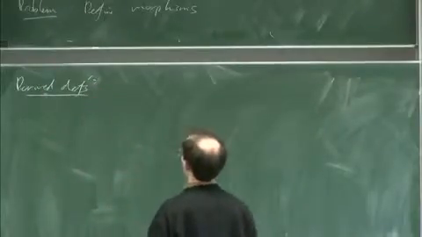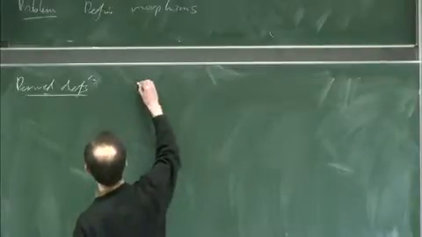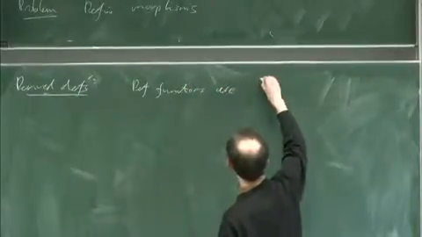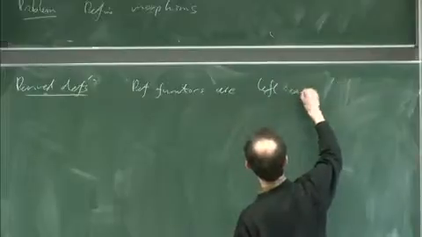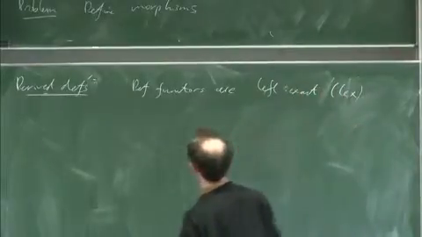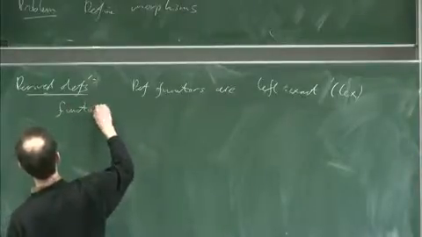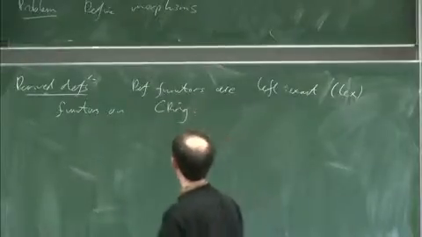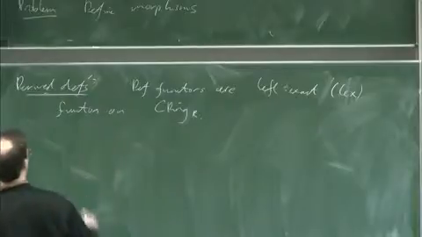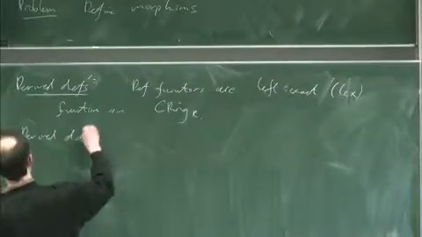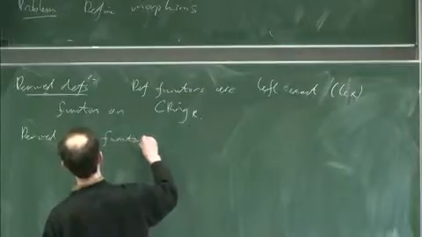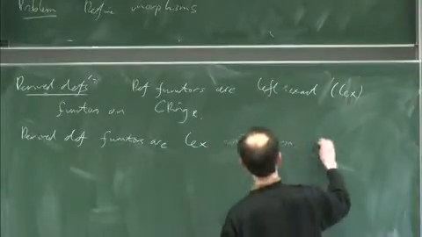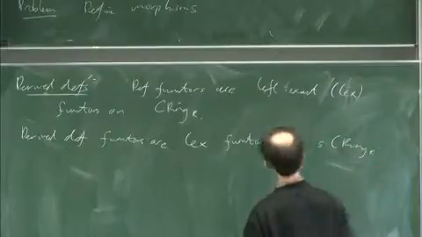So we'll start by, so deformation functors are left exact, lex functors on commutative rings, usually sub-Artinian conditions, and probably working with some base. Derived deformation functors are left exact functors on simplicial commutative rings.